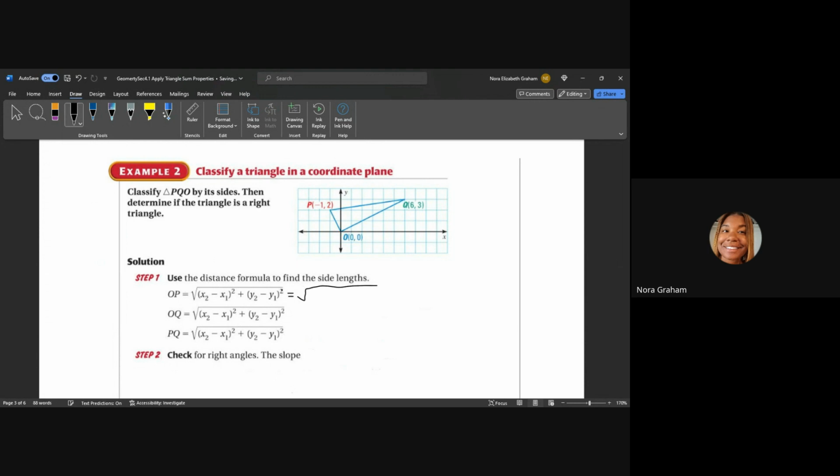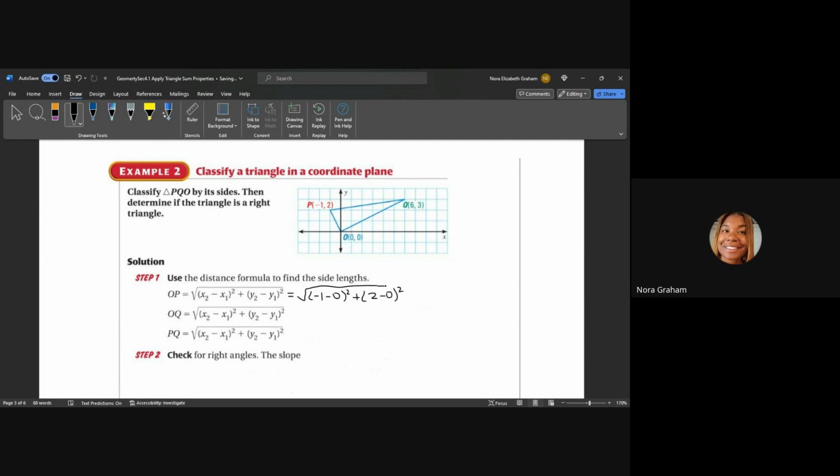My x sub 2 is going to be -1 and then minus 0, and this is going to be squared. And then plus my y sub 2, which is 2, and then my y sub 1, which is 0, 2 minus 0, and that's squared again.